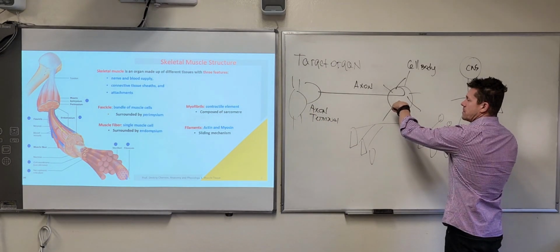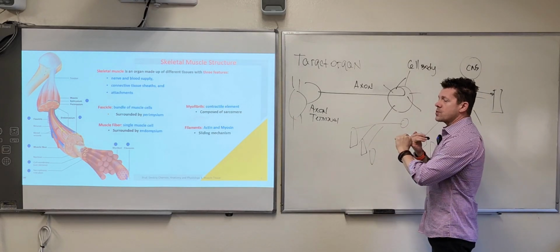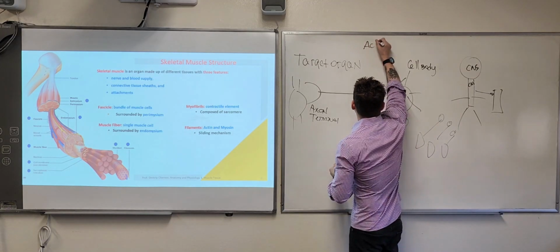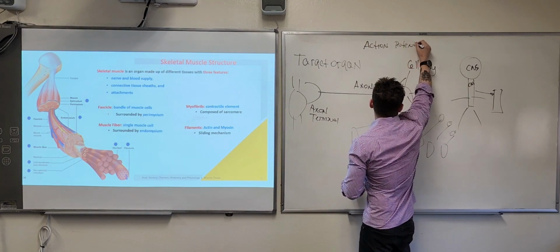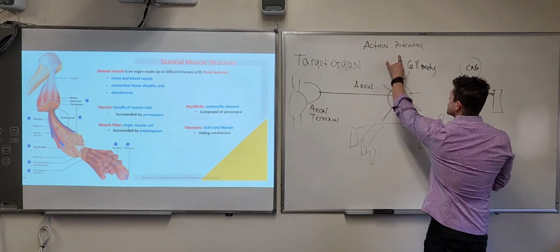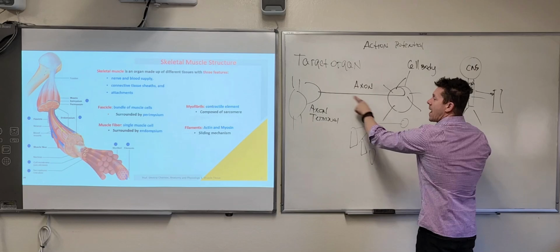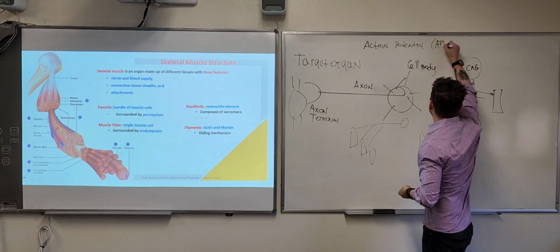For this neuron to fire, to send an electrical impulse, it has to create an action potential. Action potential means sending an electrical impulse, or firing. We abbreviate it as AP.